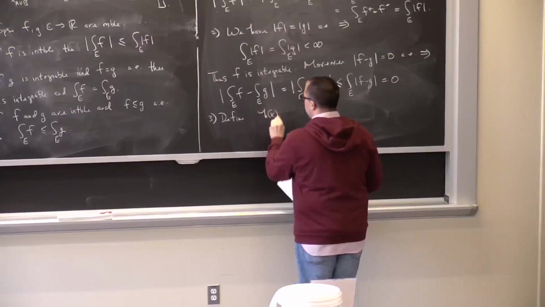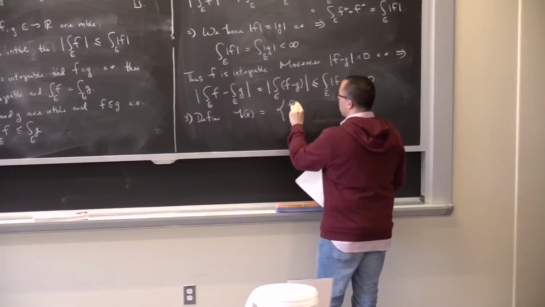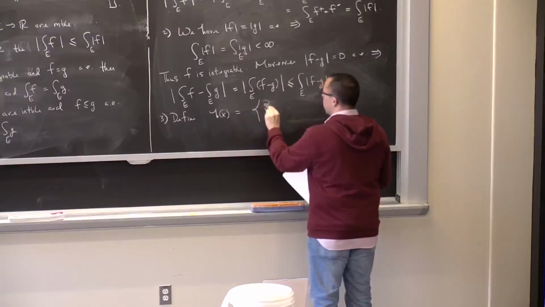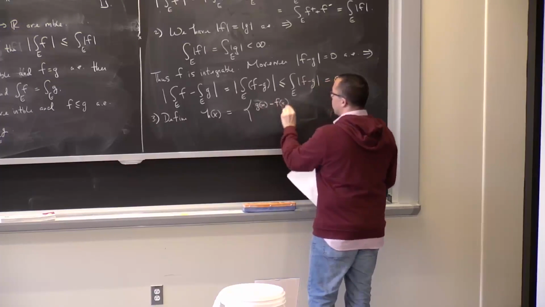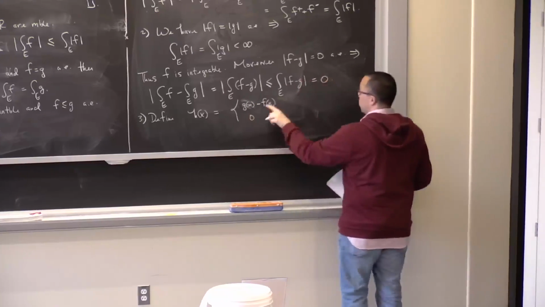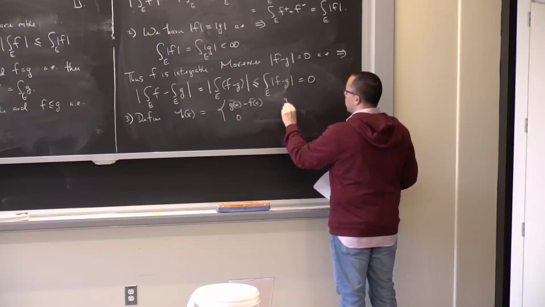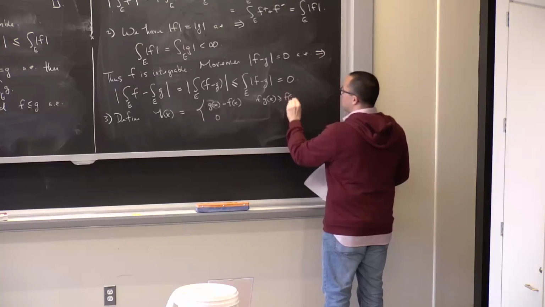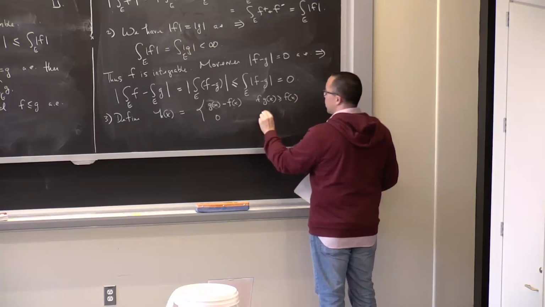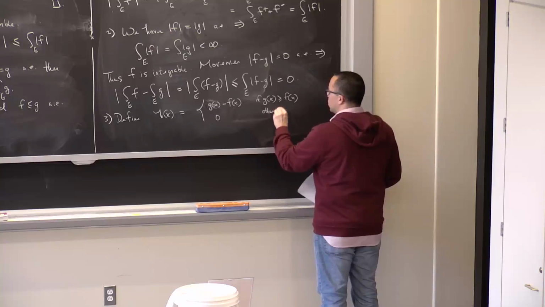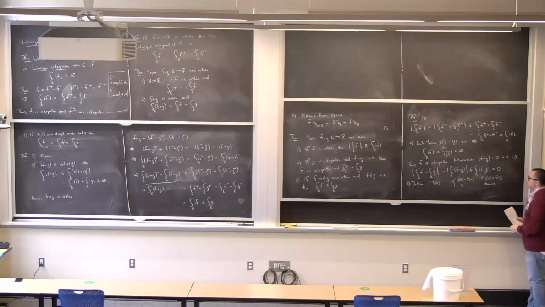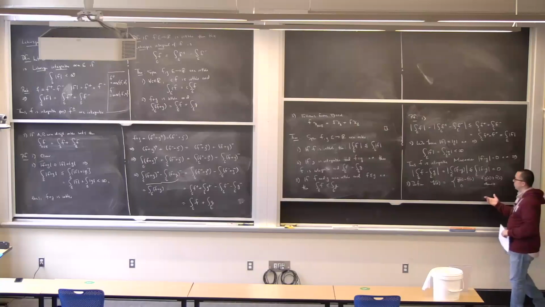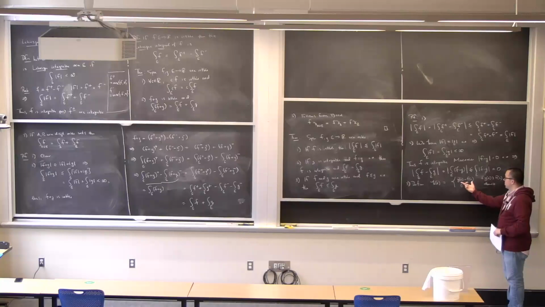Define a function h of x to be g of x minus f of x when g of x is bigger than or equal to f of x, and 0 otherwise.